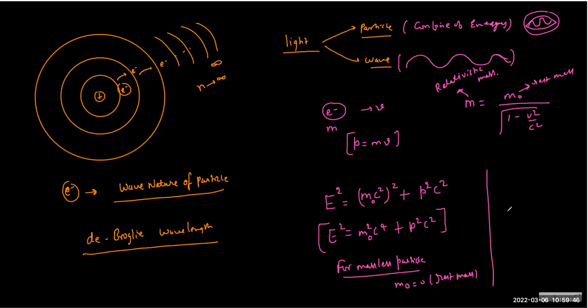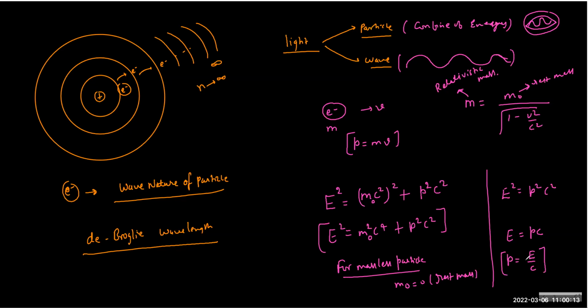Once you make m naught zero, you get the relation E squared equals p squared c squared. Sorry, what I'm writing: E squared equals p squared c squared. And therefore, can we write E equals pc? So momentum is basically energy upon speed of light.